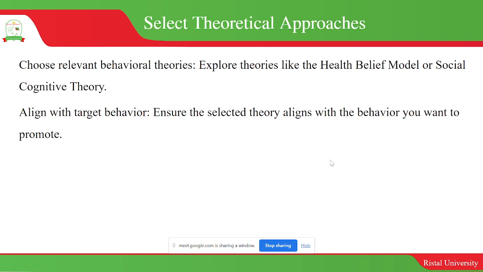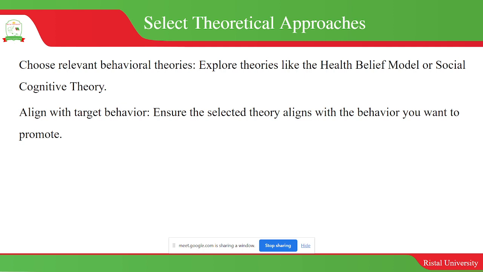So the next thing is for you to now choose the theoretical framework or theoretical model or theory of behavior change. Okay, remember, health communication is about making sure that people change and adopt healthier behaviors. So there are many theoretical approaches to behavior change.